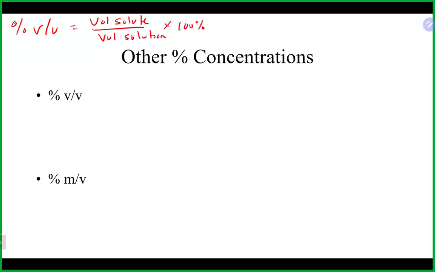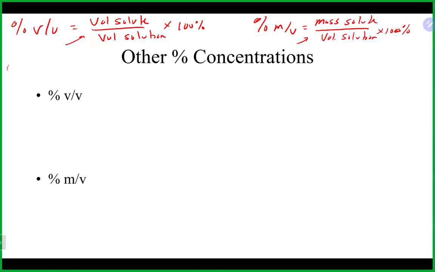And then we also have percent mass to volume, and that is the mass of the solute over the volume of solution times 100%. This one is basically milliliters over milliliters. This one over here is grams per milliliter, kind of like density. Again, on any of these percent concentration units, you could plug and chug into the formula, or you could do a conversion factor.